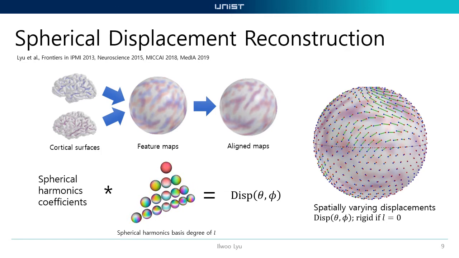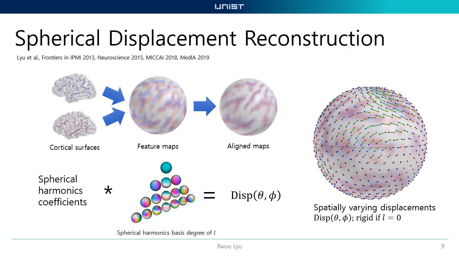So how do we extend that idea to get the intermediate displacement? The idea is pretty simple. If you're familiar with frequency signal reconstruction, then we can just find the spherical harmonic coefficients, and we can simply use the first couple of spherical harmonic coefficients to get the intermediate displacement.